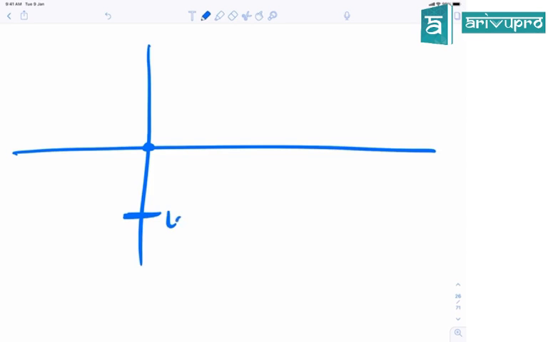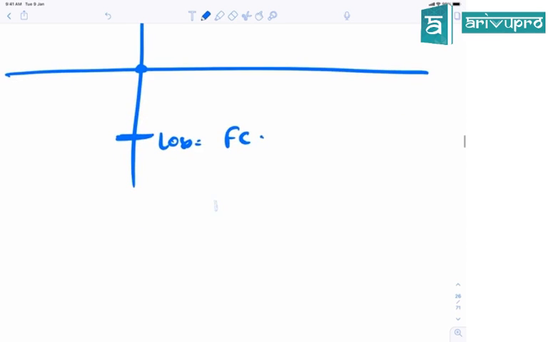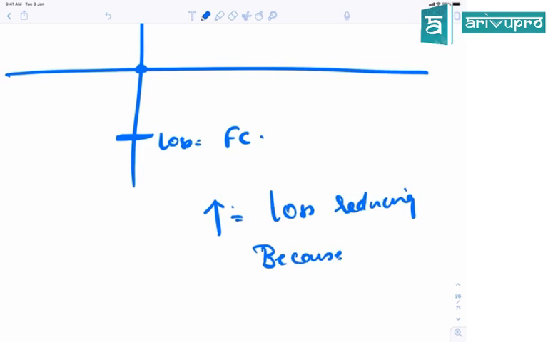And as I keep producing more, my loss keeps reducing because of dash. Tell me. As I keep producing, my loss keeps reducing because of dash.